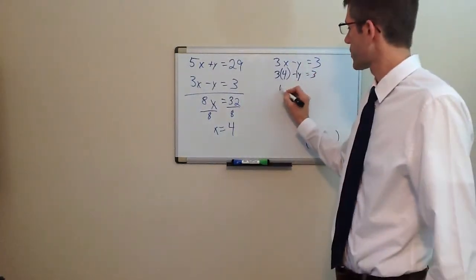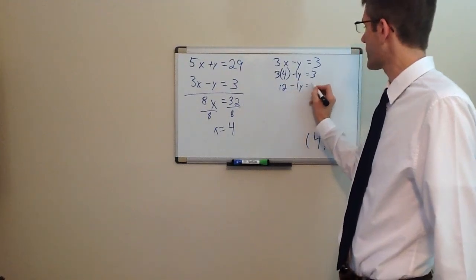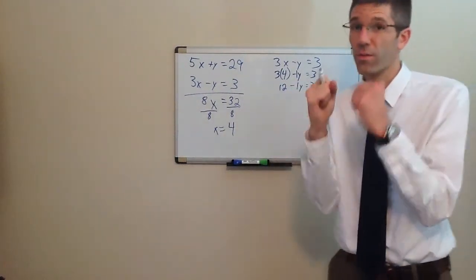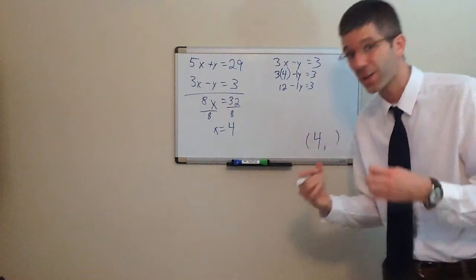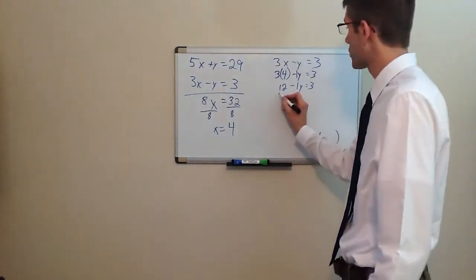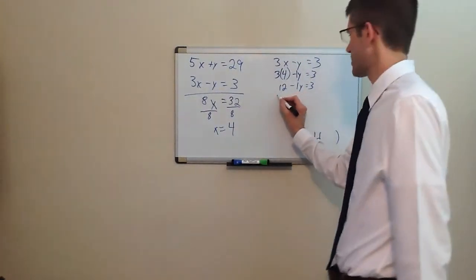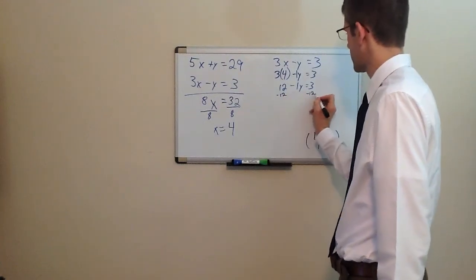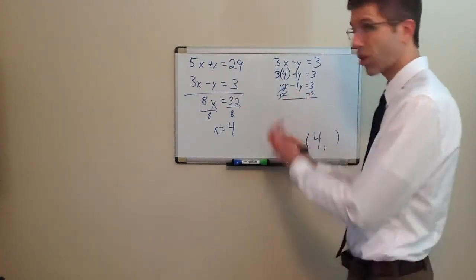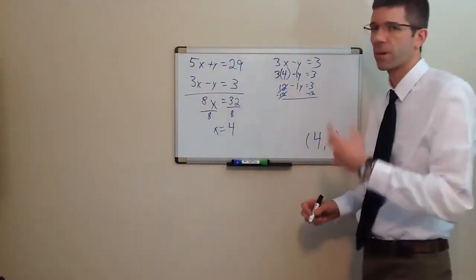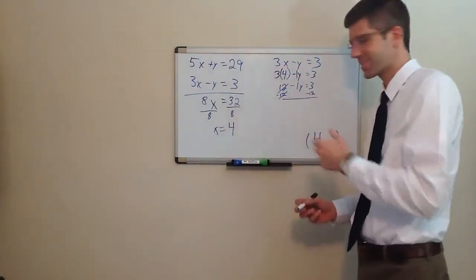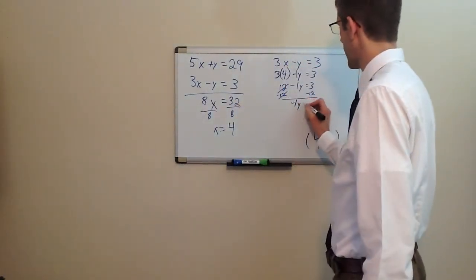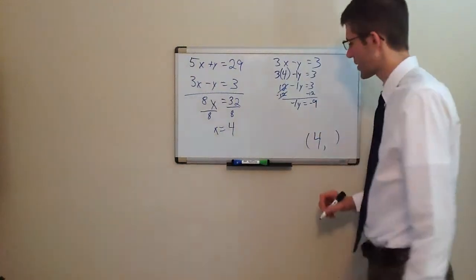So, 3 times 4 is 12. 12 minus 1y is 3. And I'm looking for the variable y. I don't know what the value of y is. So what am I going to do to that 12? Since it's positive, I will subtract it. I'm moving the entire term. When I move that entire term, I need to do the opposite of its sign. Negative 1y equals negative 9. Okay, don't think too hard.